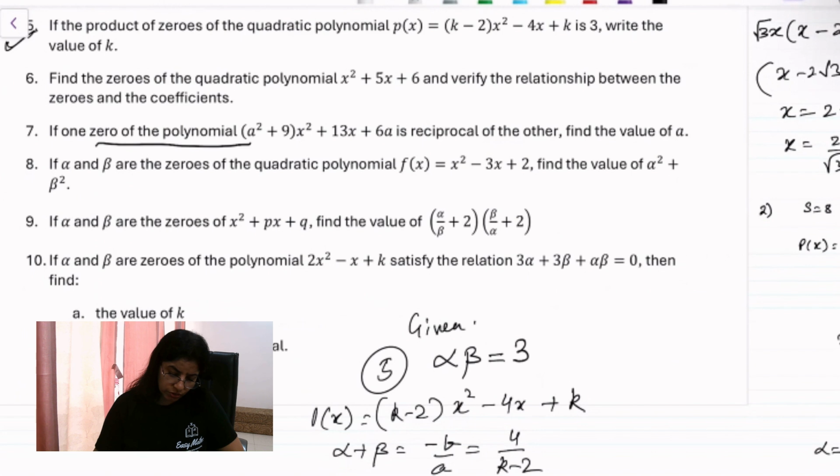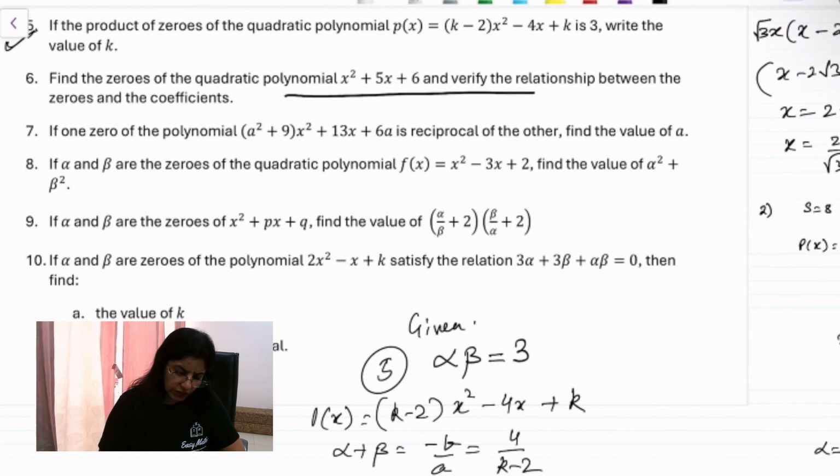Find the zeros if one of the zeros of the polynomial. Now, in the sixth question, you have to find the zeros of the polynomial and verify the relationship. How do you find the zeros? By simple middle term splitting. x square plus 3x plus 2x plus 6 is equal to 0, and you get x plus 2 and x plus 3 as the two factors, and the zeros will be minus 3 and minus 2.